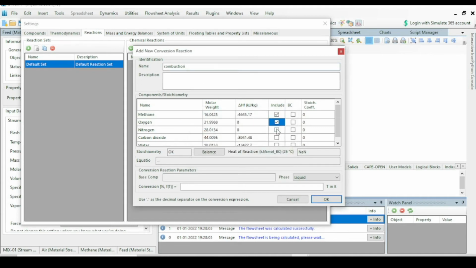Okay, and we have to include all the components, all the reactants and the products of this chemical reaction. Also the base component, in this case it's methane, and the stoichiometric coefficient for reactants with minus sign and for product with plus sign.